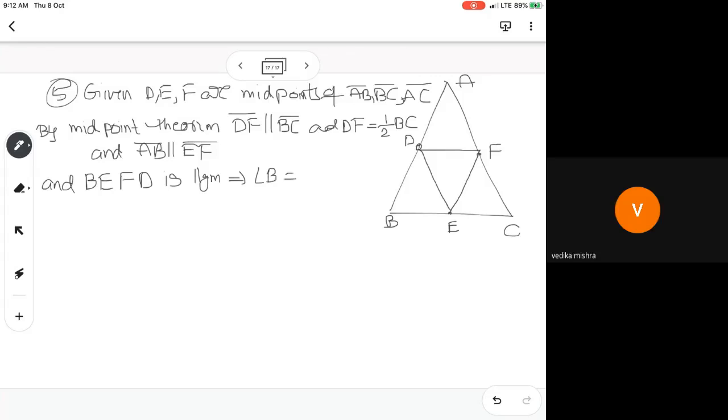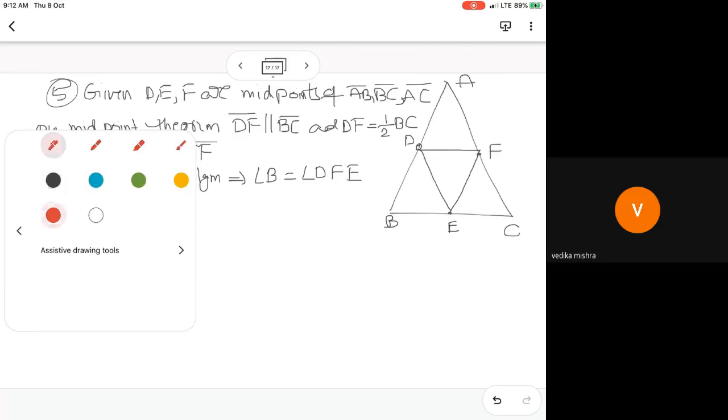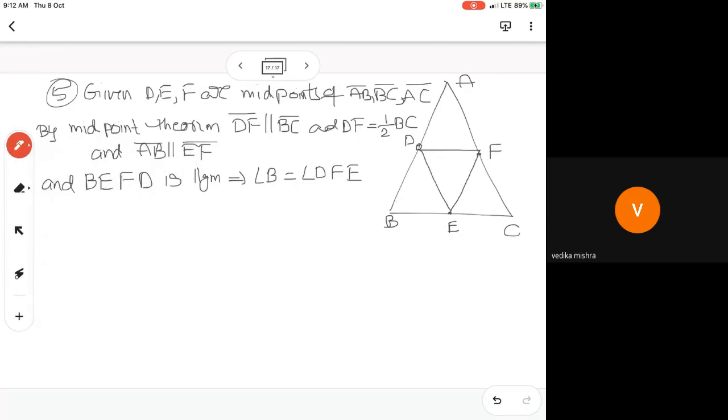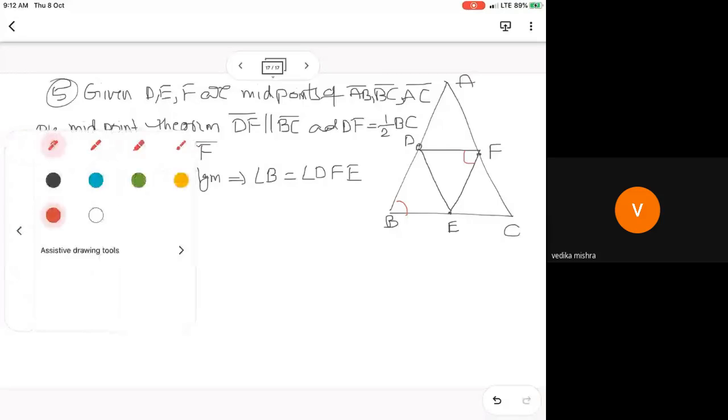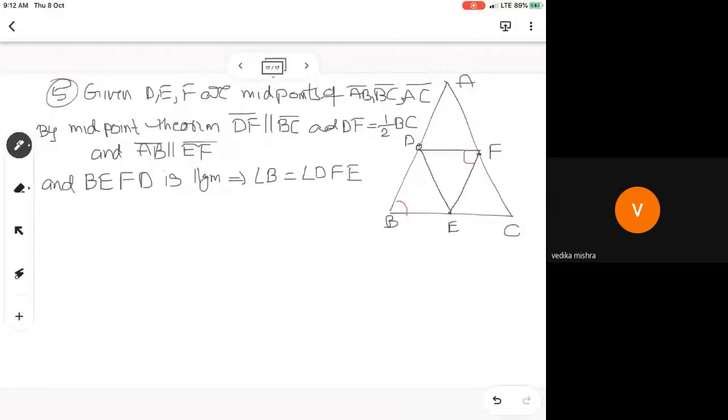So this implies when this is a parallelogram, you can say that angle B is equal to angle DFE. Isn't it? Similarly, when you prove this as a parallelogram, and similarly you can write DFCE is also a parallelogram.